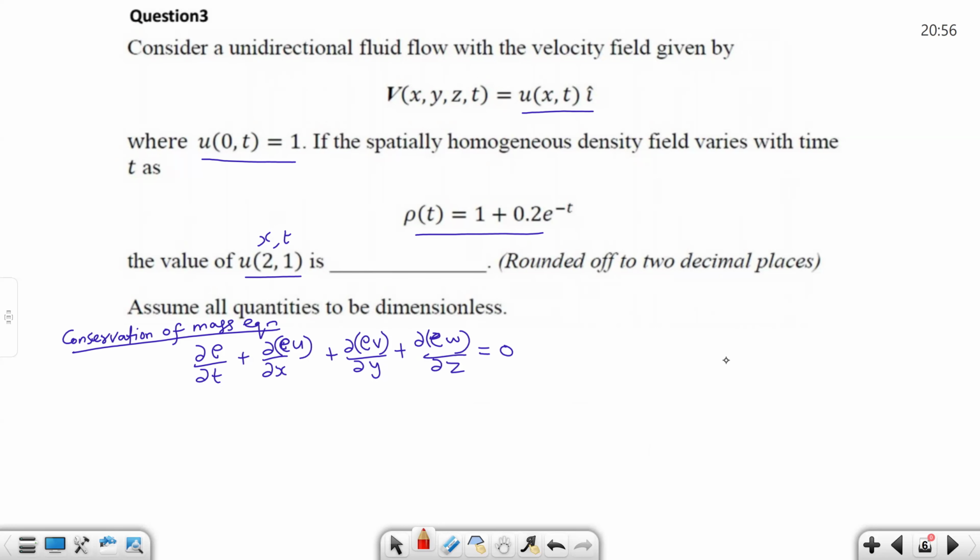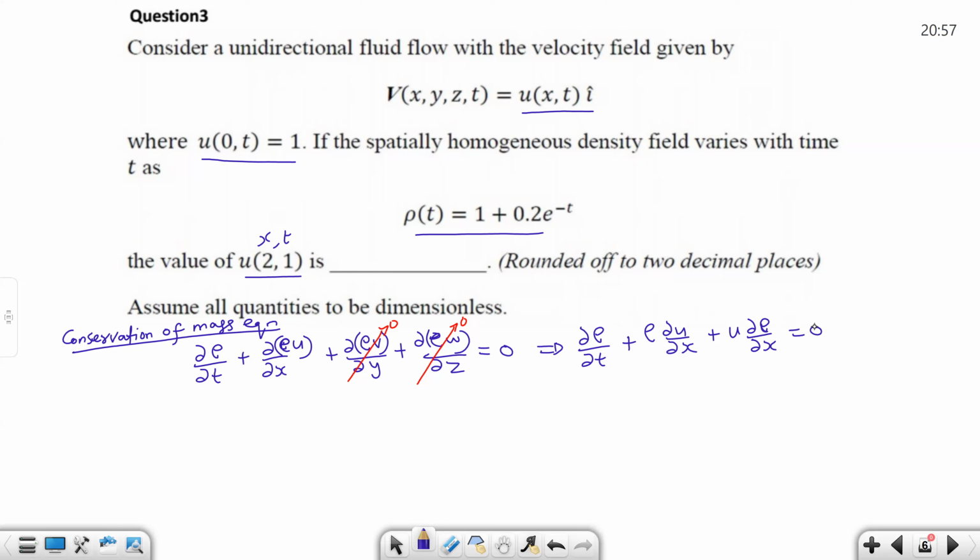So let's expand the remaining term. We get dρ/dt plus ρ into ∂u/∂x plus u into dρ/dx, which is equal to 0.